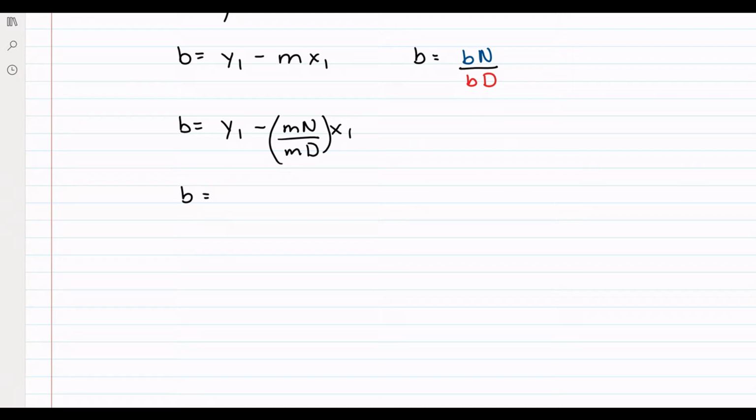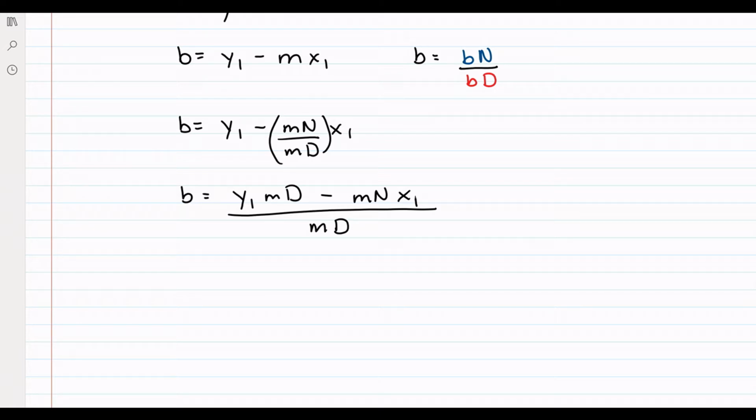So the common denominator here would be md. So I'd get y1 md minus mn x1, all over md. Okay.